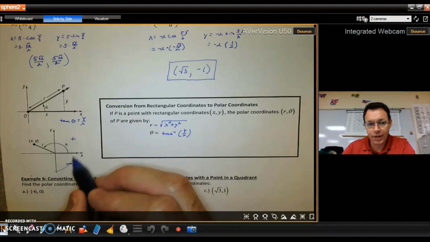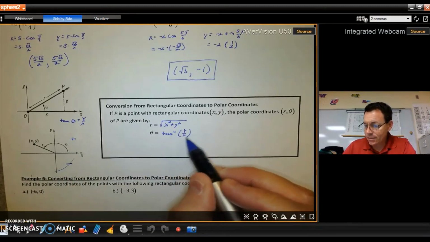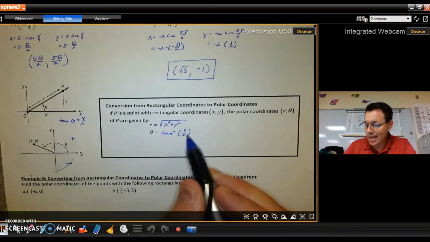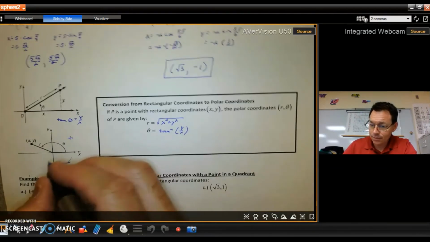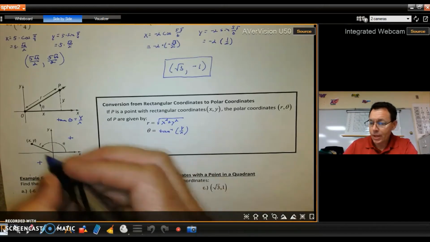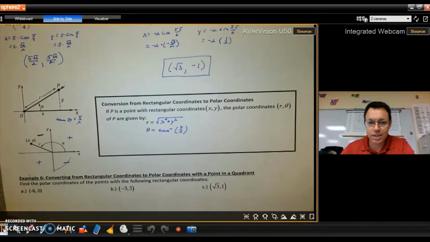Okay, these are the principal values. So the inverse tangent of a positive is going to give us an angle in quadrant 1, and the inverse tangent of a negative is going to give us an angle in quadrant 4. But we could have an angle that's over here in quadrant 3, or we could have an angle that's in quadrant 2 where tangent's negative.